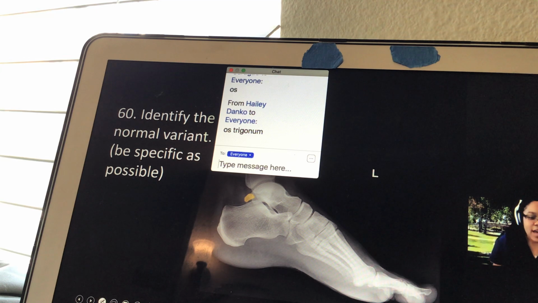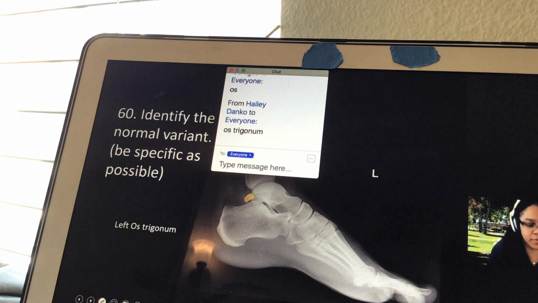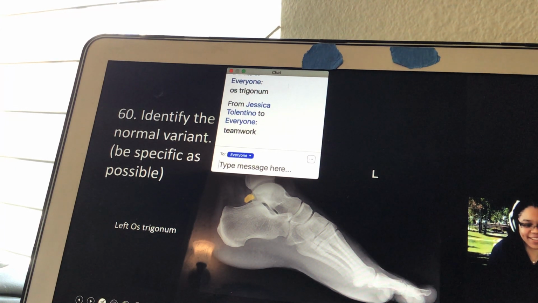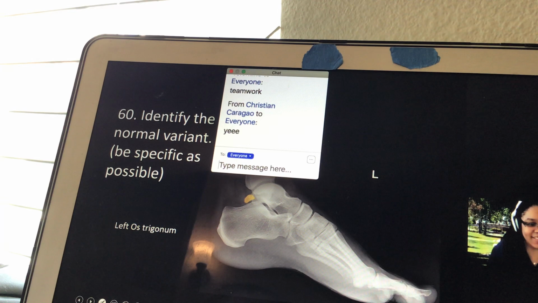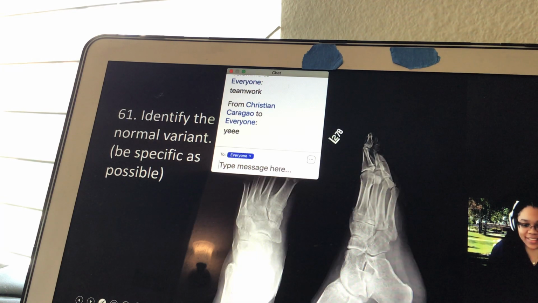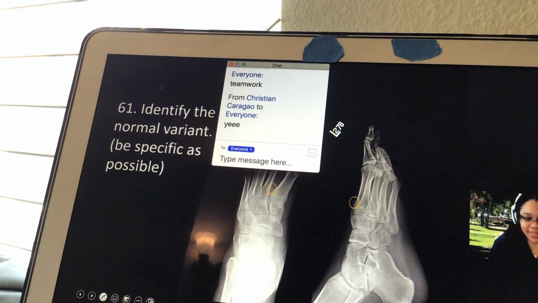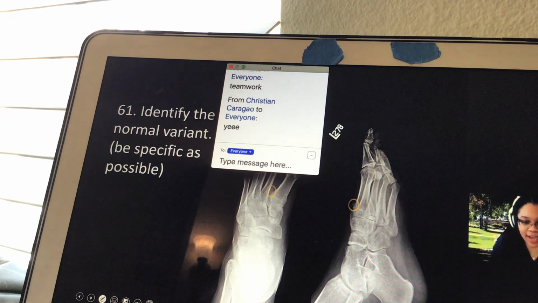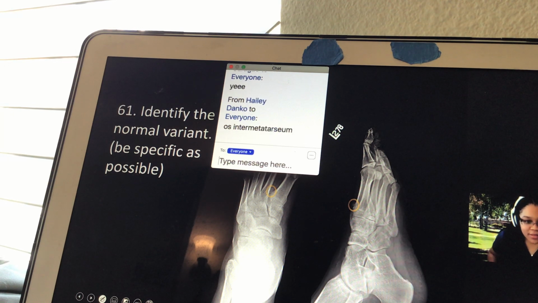So yeah, this is our os trigonum. You guys got there. See this little ossicle in between the metatarsals. Good. This is our os intermetatarsium.